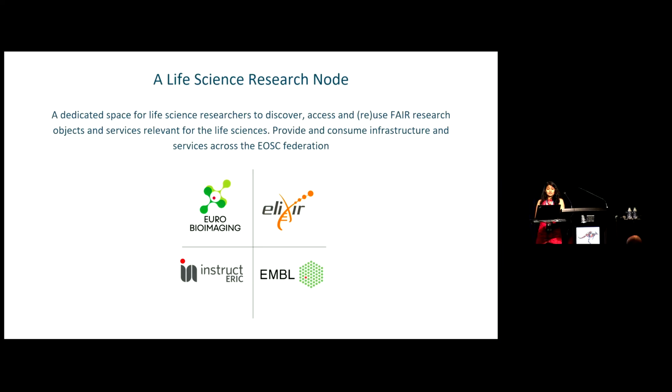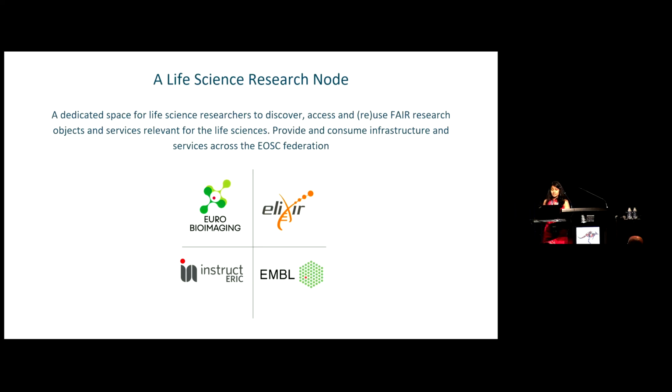This would be a dedicated space for life science research to discover and access data and services that are useful for them. With that, we want to achieve a place which is more meaningful from a researcher point of view, maybe with a higher level of curation, with a higher level of interoperability, going in the direction of enabling the multimodality that we've been talking about at different levels.